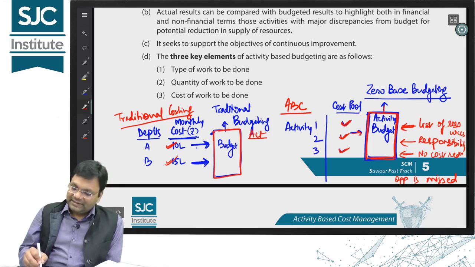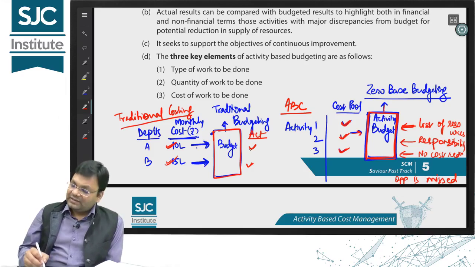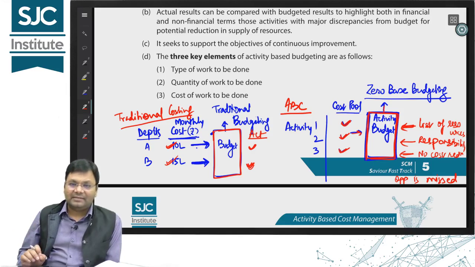I can always take the actual detail at the end of the period and compare it with the budget, whether they are within the budget or exceeding the budget. If they are within the budget, performance is good. If they are exceeding the budget, then performance is not favorable. So this way we do performance analysis using budget. Budget has one use called performance analysis.